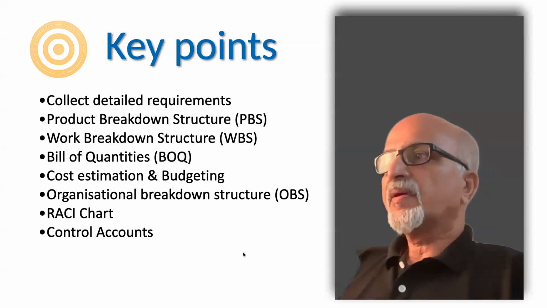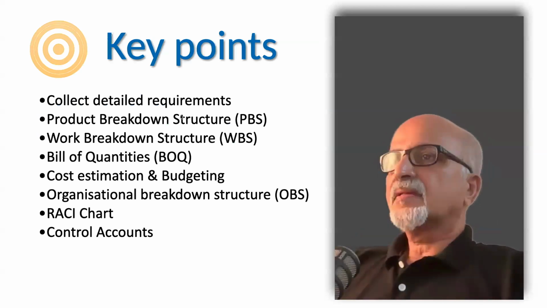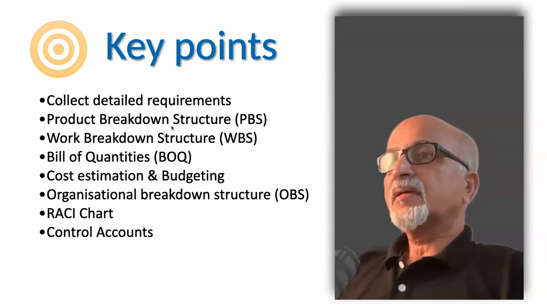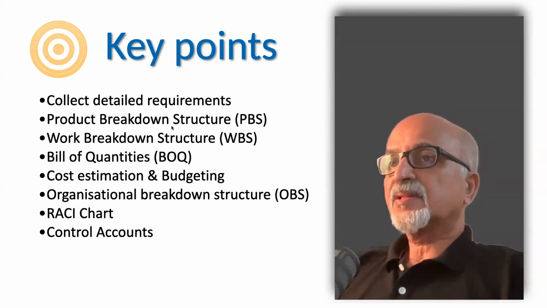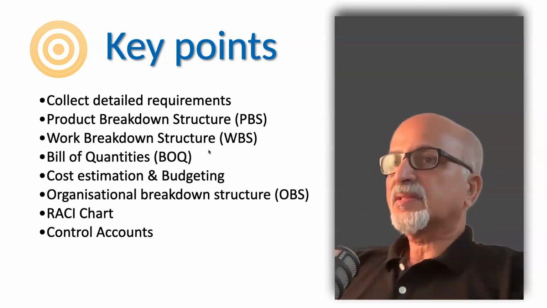Now, the key points we discussed here are the collect detailed requirements, the tools and techniques used for collecting the detailed requirements. We discussed the product breakdown structure, and then the work breakdown structure.